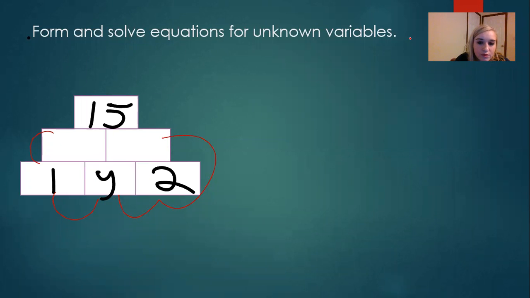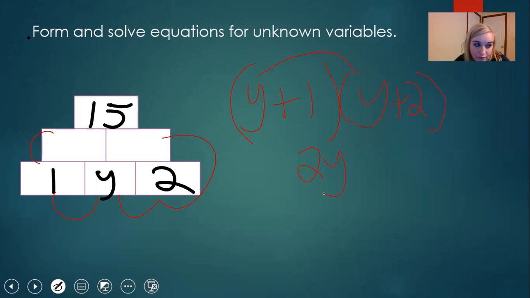I'm going to do y plus 1, and then y plus 2, and I'm going to break this down, distribute: 2y plus 3, 2 and 1 equal 3, equals 15, which is this number right here.